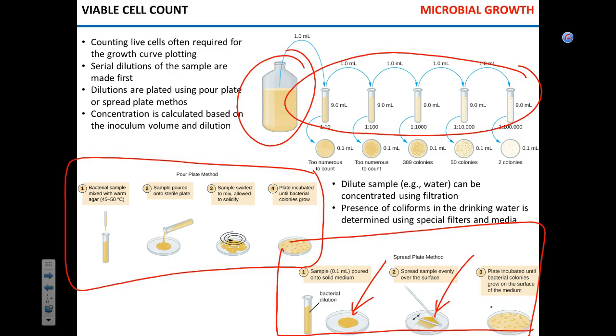Spread plate method is more reliable because in a pour plate, remember, we had pretty different results between different groups. Maybe due to the handling of the pipette, maybe due to the death of the cells when they are exposed to the hotter agar. So that creates more bias than spread plate method. That makes sense.